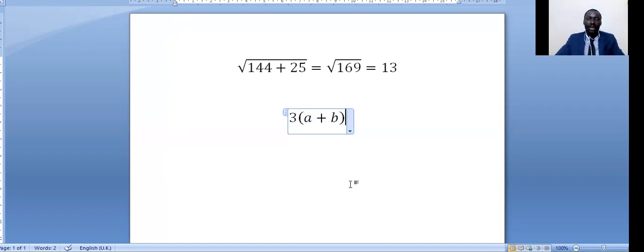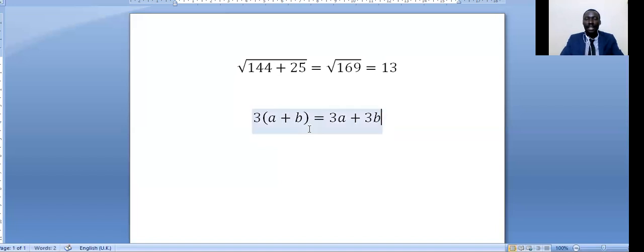Well, now notice that because this 3 is outside the bracket, to simplify this, we must multiply 3 with this A, then the 3 with B. When you multiply 3 with A, what you get is 3A. Then you add that to what you get when you multiply 3 by B, which is 3B.